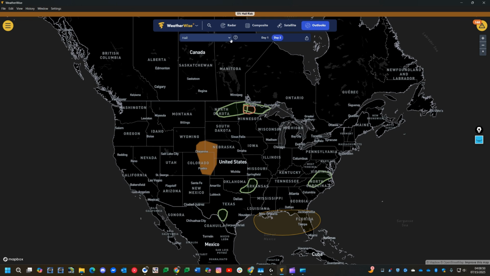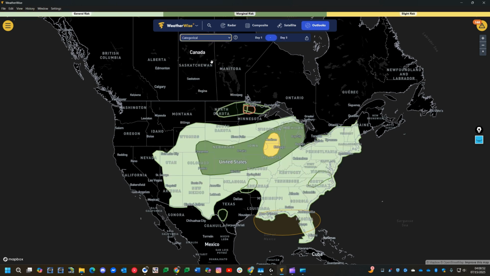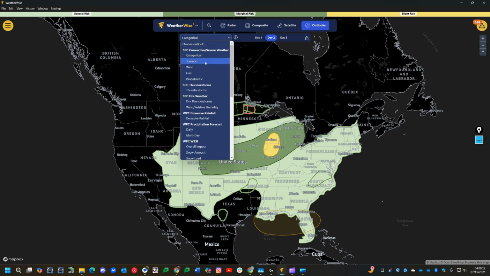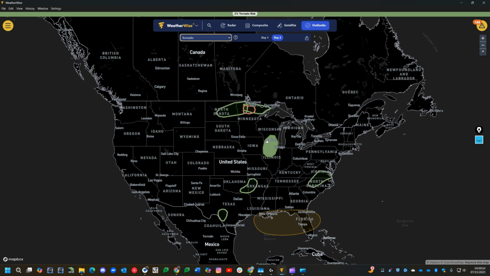Day 2, risk moves to the east, slight risk near Chicago, Illinois, Wisconsin, marginal risk. The Central Plains to the Great Lakes, tornado risk really over that same area where you have your slight risk.